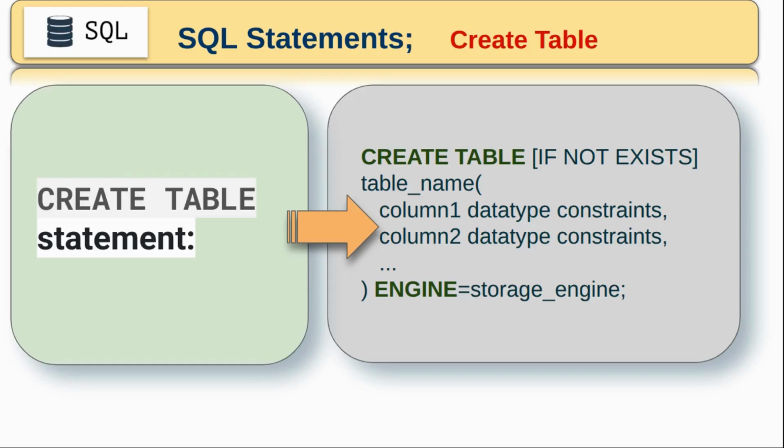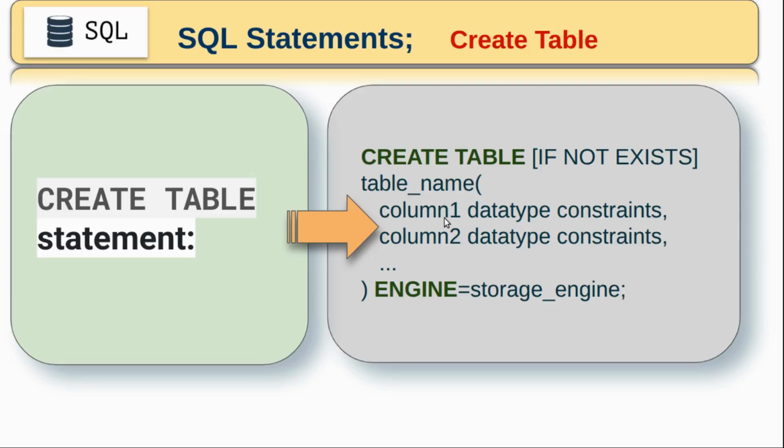To avoid this type of error we write IF NOT EXISTS. If you already know the same table does not exist in the database, you can skip IF NOT EXISTS.